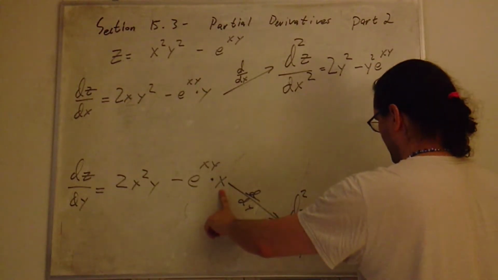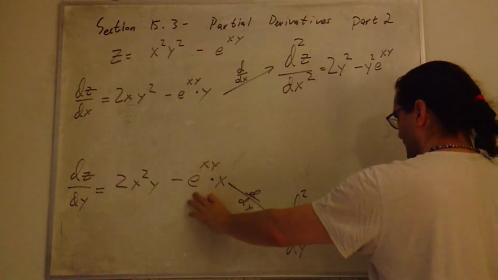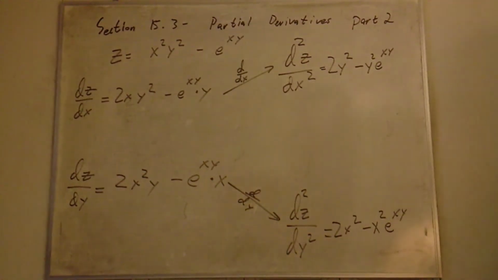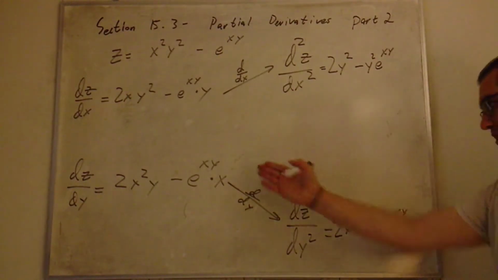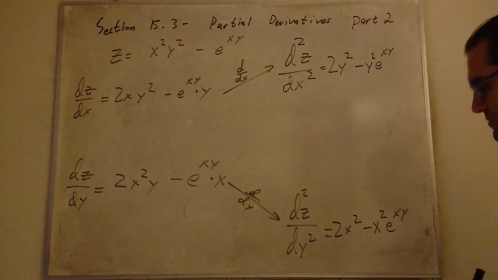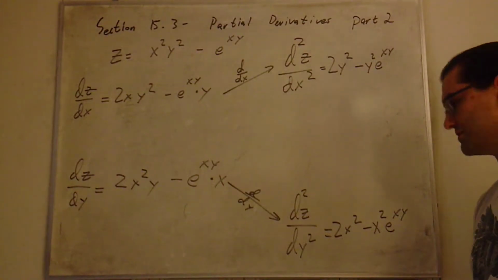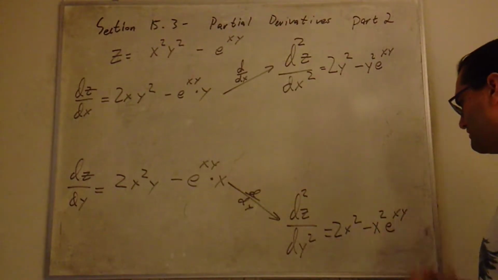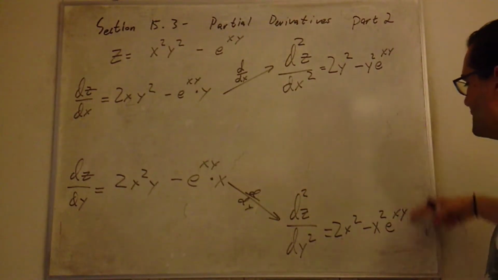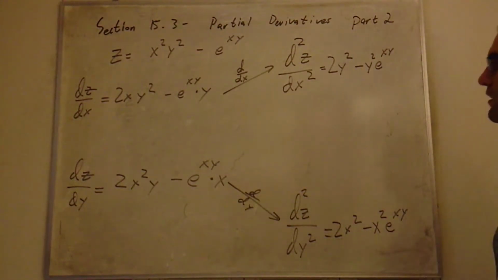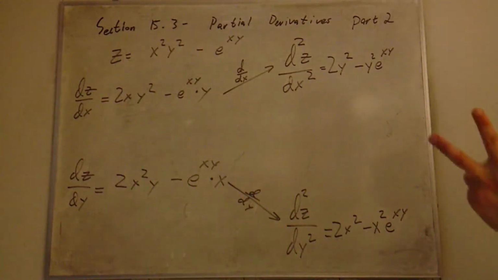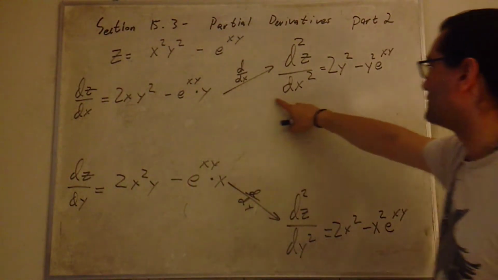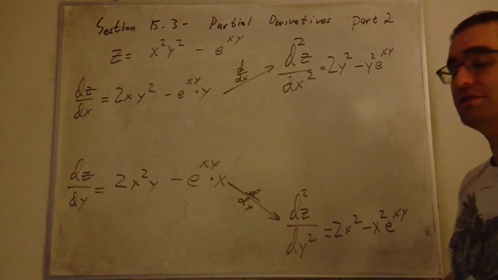I'm going to get a second x from the chain rule when I do the derivative of e to the xy. Other than that, the derivative of e to the xy doesn't really change. Derivative of e to the xy is e to the xy times x, because that's the derivative of the inside. And that x combines with this x that was already here, and we have two x's. There's a sort of symmetry here. That's two of the partial derivatives. This is what happens when we take derivatives with respect to x twice and with respect to y twice.